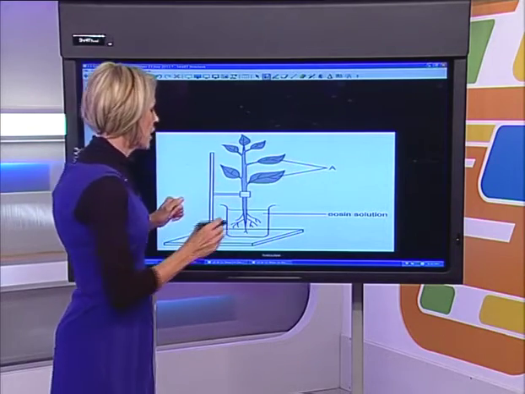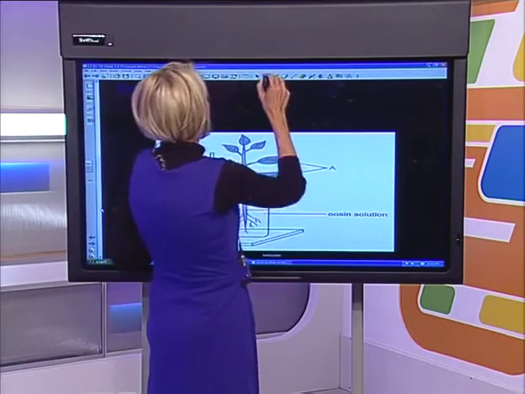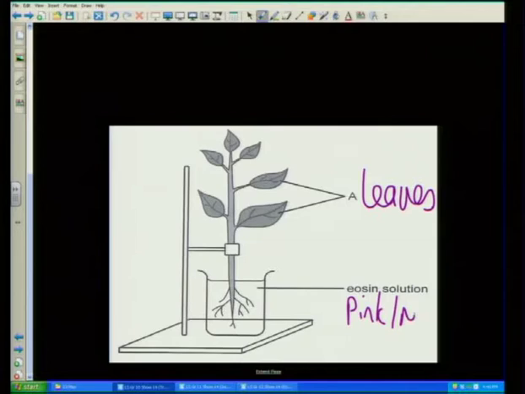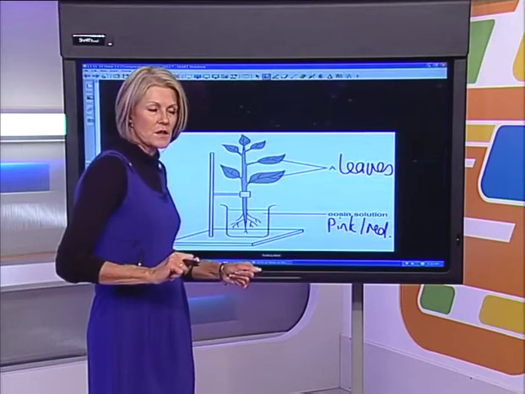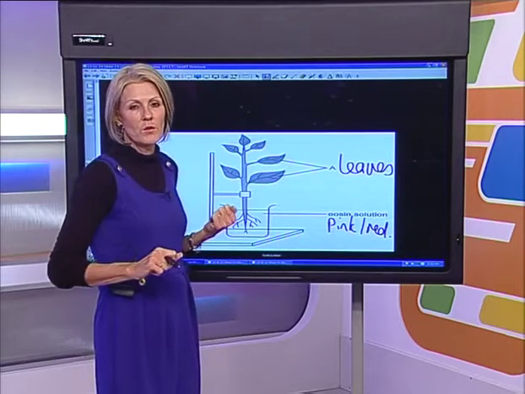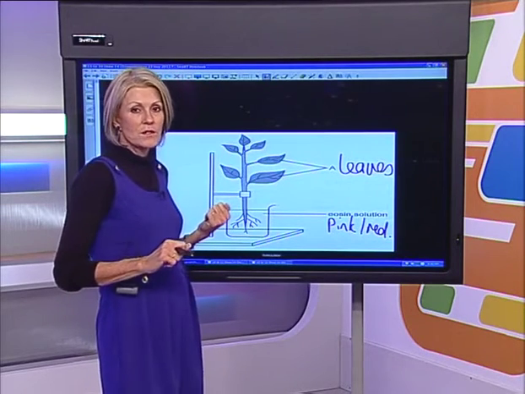And you take your plant. These would clearly be the leaves. And we have eosin solution. This is like a pink, red, depends on how much you put in. Put a good dose of eosin in. Mercurochrome also works. And food coloring also works.